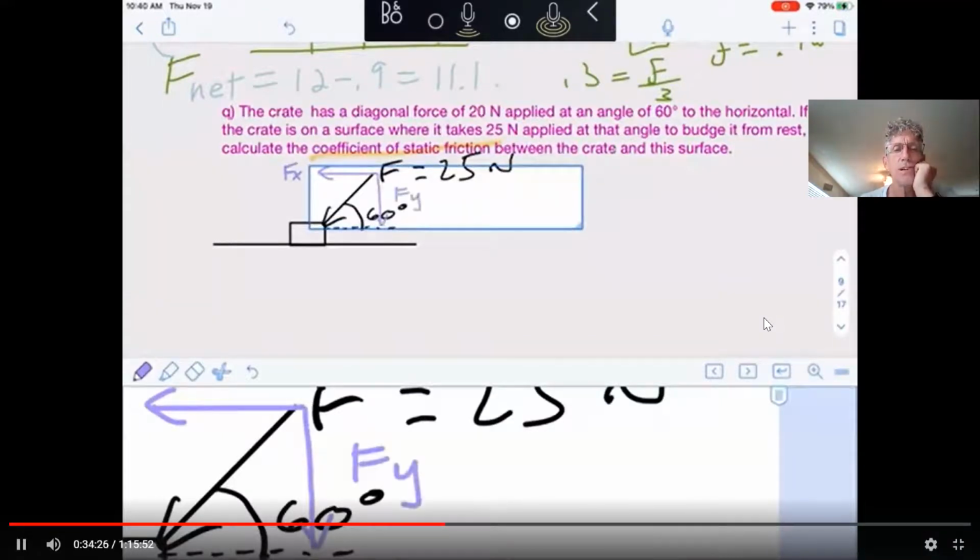Horizontal one is X, vertical one is Y. You're going to use the equation sheet to find that Fy is F sine of theta.